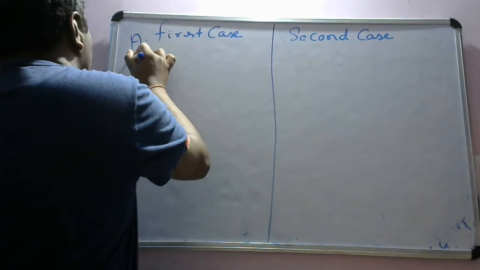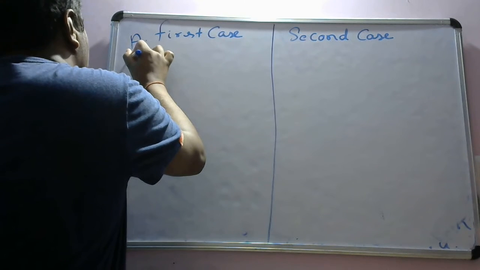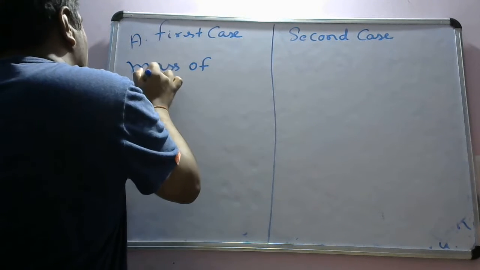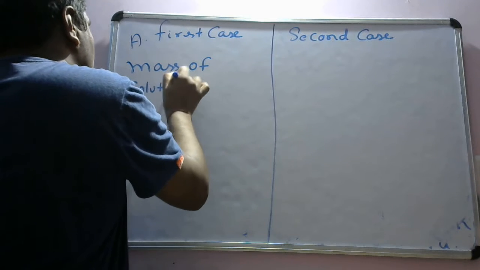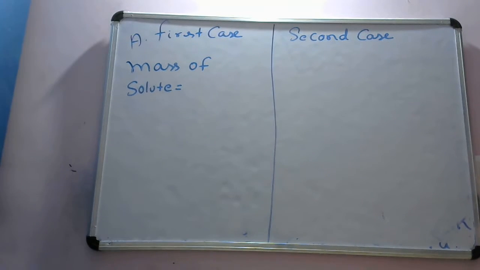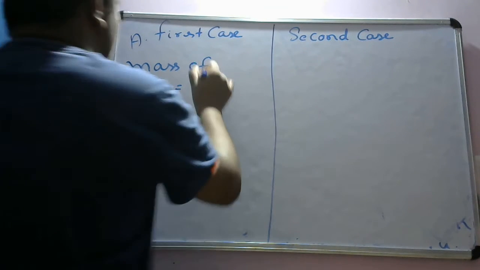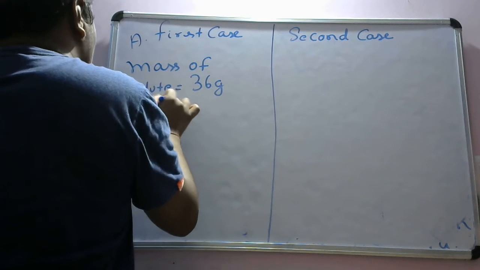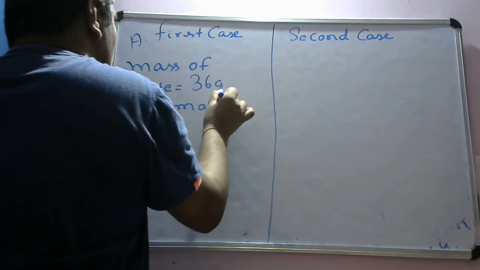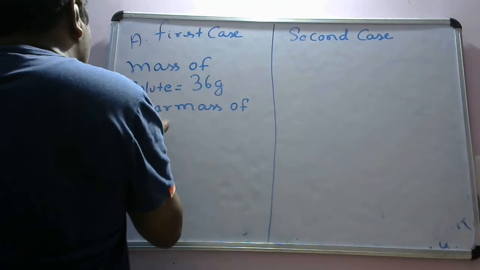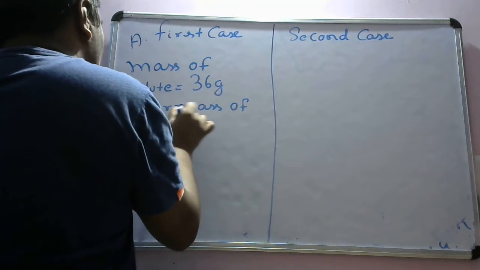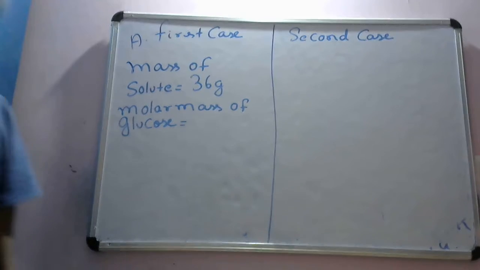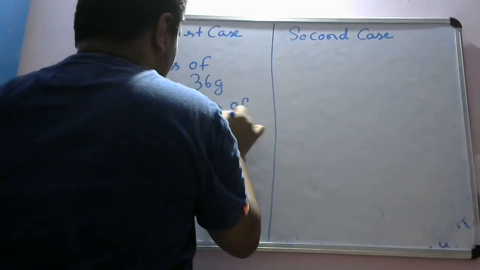First case is we have the mass of solute. Solute is glucose. It is given to be 36 gram. Next is the molar mass of glucose. Glucose formula is, you know, C6H12O6. So its molar mass will be 180 grams per mole.